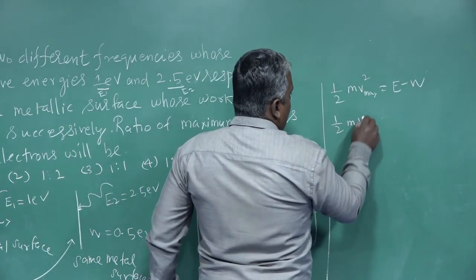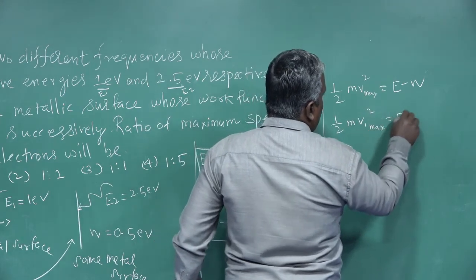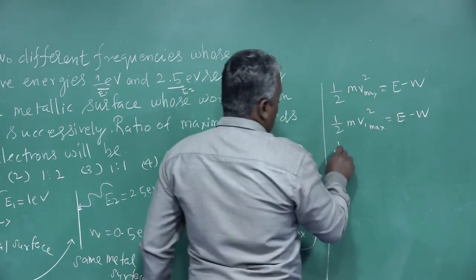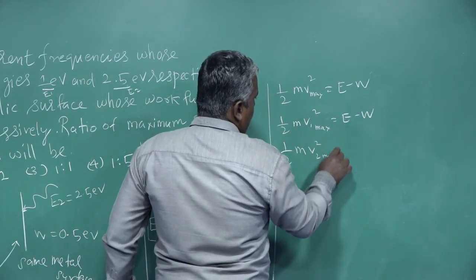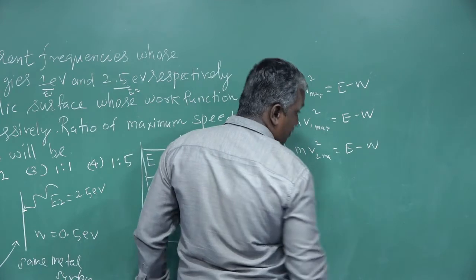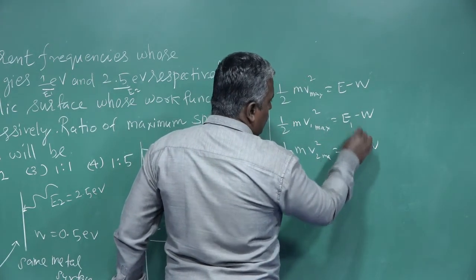Half m V1 square maximum is equal to E1 minus W. Half m V2 square maximum is equal to E2 minus W. But the work function is the same, no?